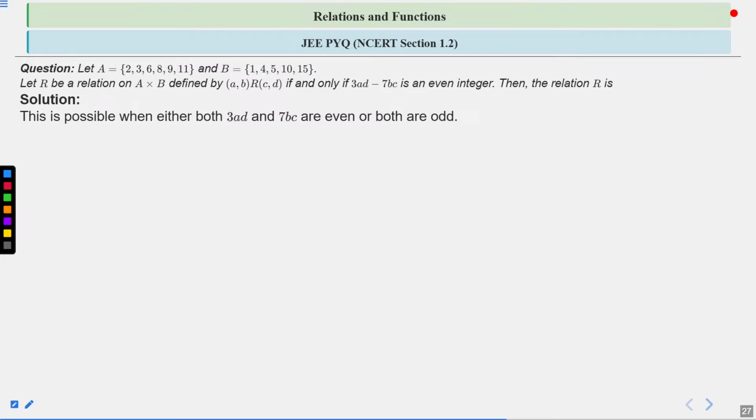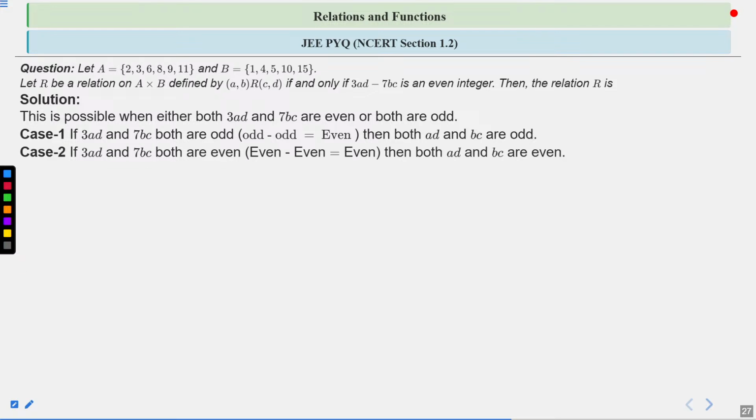Let us see. Case 1: if 3ad and 7bc are both odd, odd minus odd is even, then both ad and bc are odd, right? Case 2: if 3ad and 7bc are both even, even minus even is even, then both ad and bc are even.